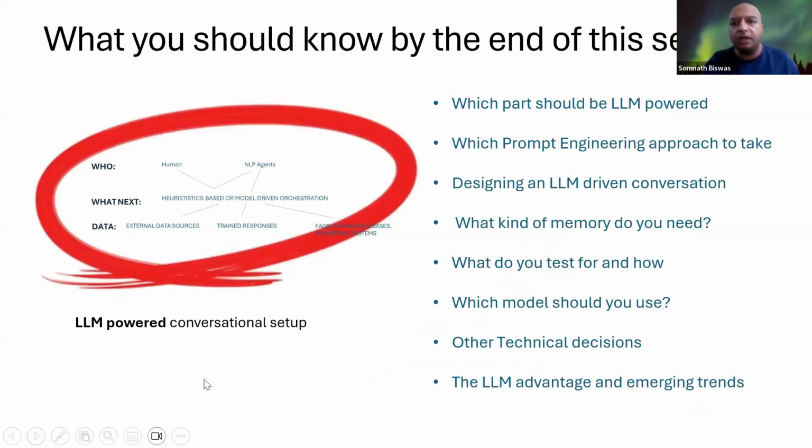So this is by and large the framework or the ecosystem in which we work. For today's discussion, I'll just focus on a small bit of it and largely look at it through the LLM lens. My goal is that by the end of this discussion, I would have given you some insights in terms of which part you want to use an LLM for, what kind of prompt engineering elements you can bring in, how you design a conversation, whether you need memory or not, what you should be testing for, which model you should be using, some technical decisions, and then a generic LLM advantage.